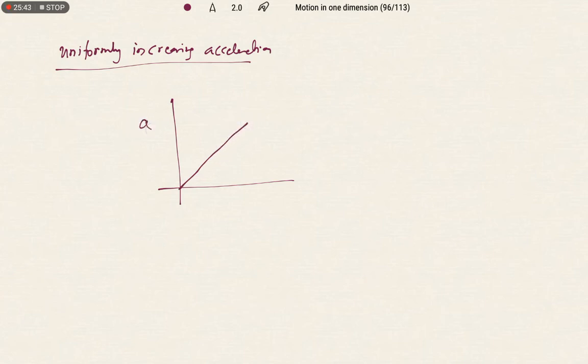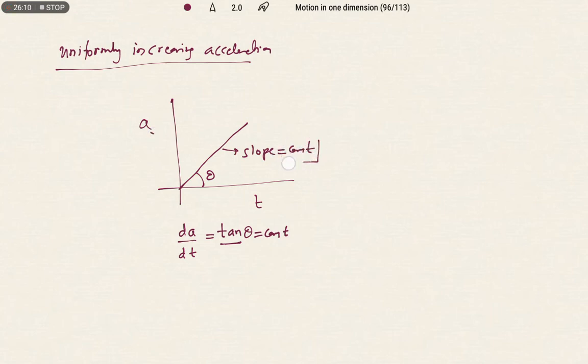This is A and this is T. So acceleration has a positive dA by dt, the rate of change of acceleration equals tan theta. This value will be constant. Why is it constant? Because it is a straight line, so the slope is constant. What is the slope? Change in acceleration by change in time taken. The slope is constant, so acceleration is uniformly increasing.